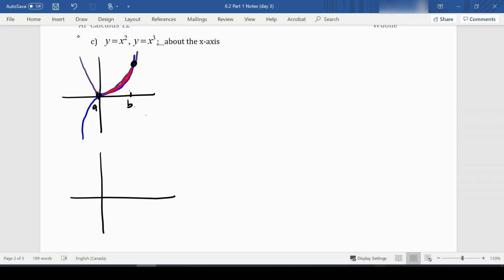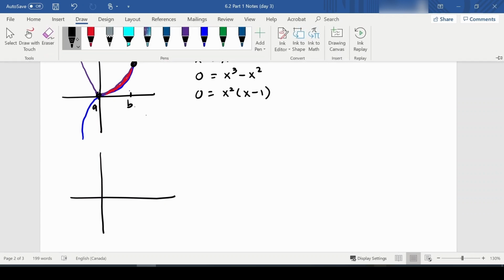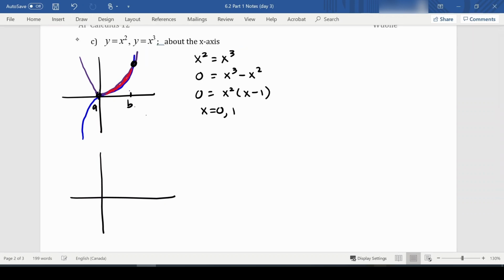Okay? So we're intersecting when x squared equals x cubed, or when x cubed minus x squared equals 0, or when x squared times x minus 1 equals 0. So, x equals 0 or 1. So this is going to be 0 and this is 1.